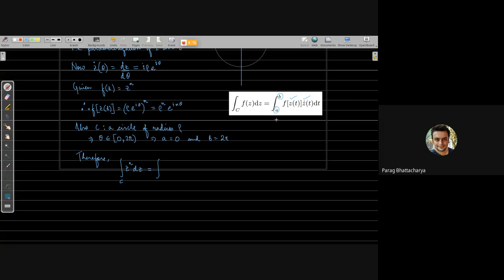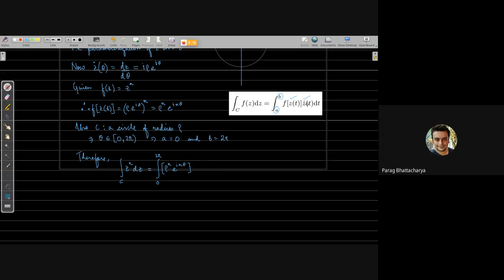Lower limit a is 0, upper limit b is 2 pi. Next, what do we have? f of z of t is rho to the power n into e to the power i n theta.